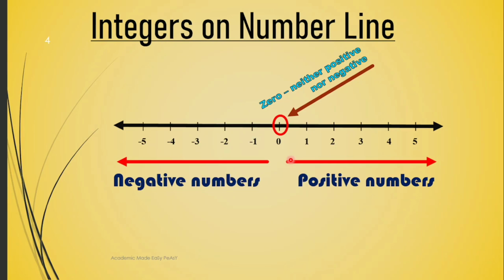This is all about the number line. So these are the three things. First, the central point of a number line is 0, which is neither positive nor negative. Second, from 0, if we move to the left hand side, we get negative numbers, and from 0 to the right hand side, we get positive numbers.